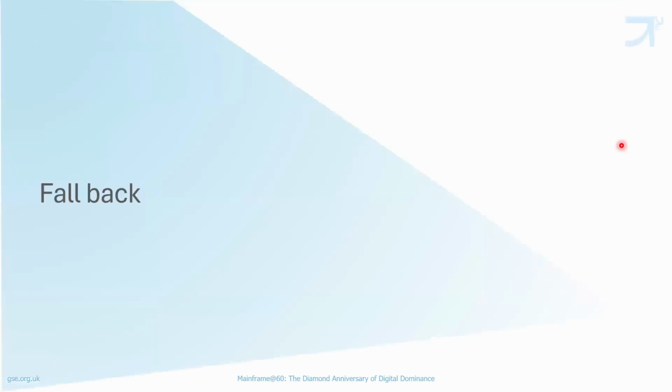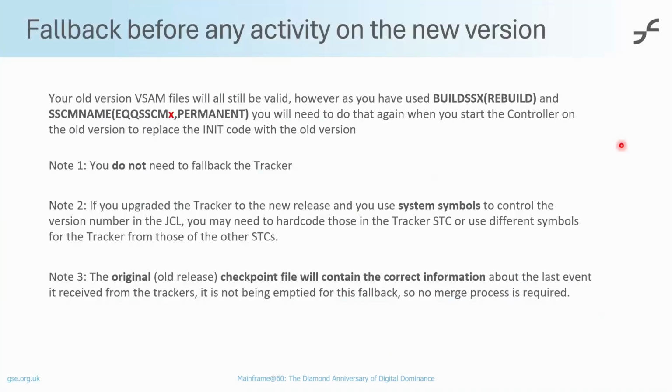So we are coming to the fallback. It can happen that something goes wrong during the upgrade. So what you have to do in case you want to fall back to the previous version? Well, if you didn't run any production job, you can follow those instructions to fall back, because it's basically the same procedure we did for the controller, but we need to fall back.